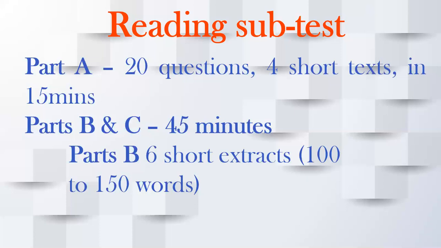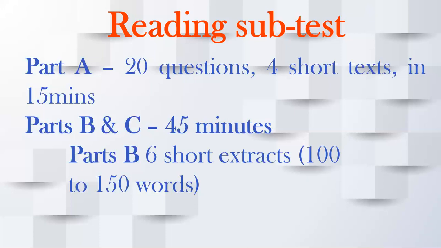Then part C, you would have 2 long texts, and they range between 750 and 850 words. You have 16 questions to answer, and each of them has 4 options for you to choose from. These texts are taken from journals and websites, which are aimed generally at the medical audience.